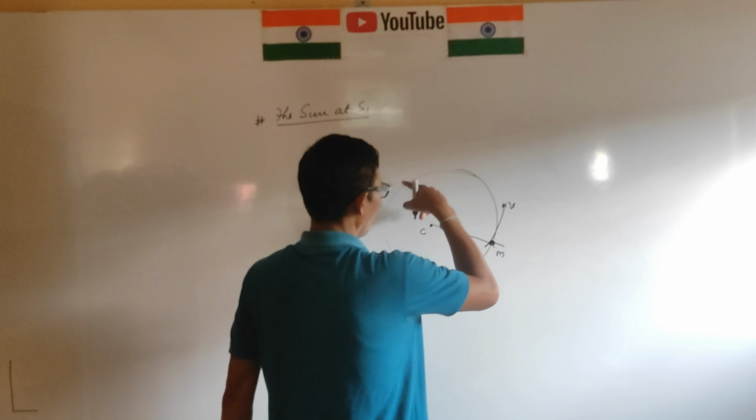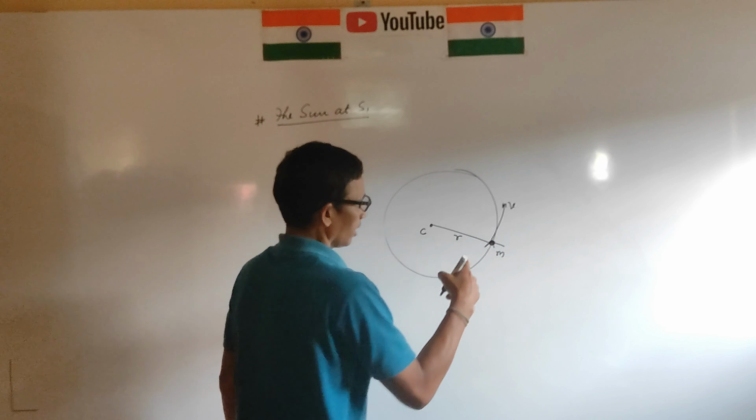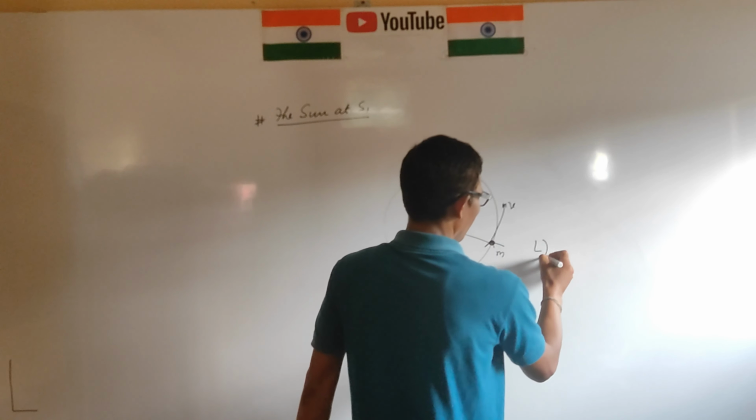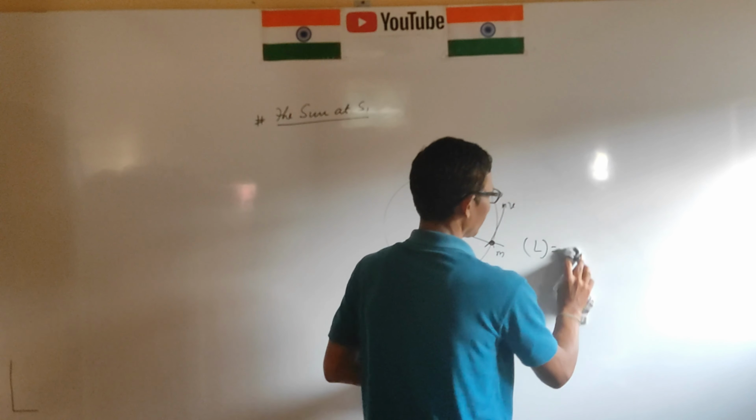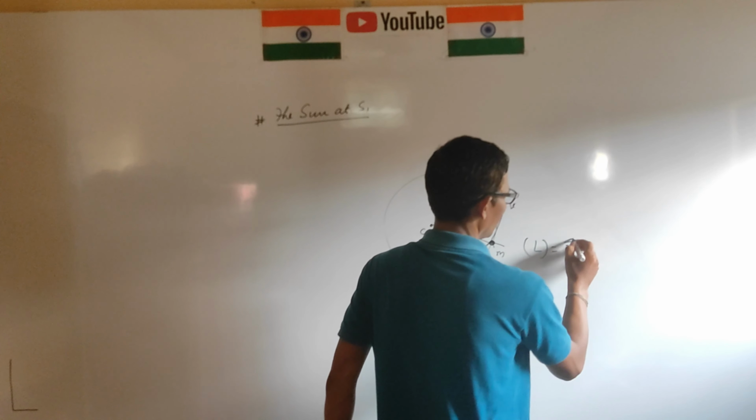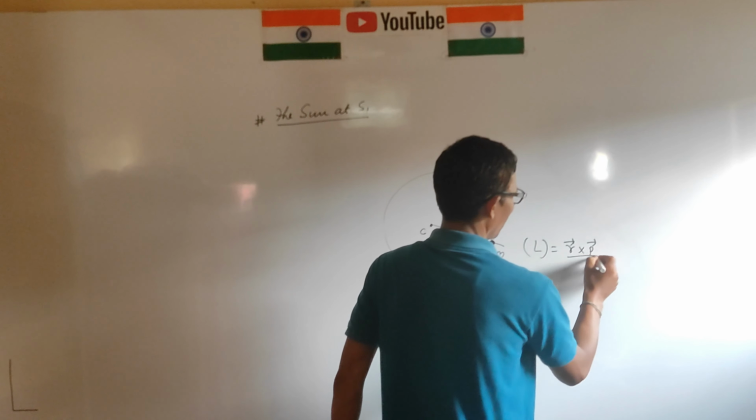When the body is revolving around the sun, there is linear momentum.